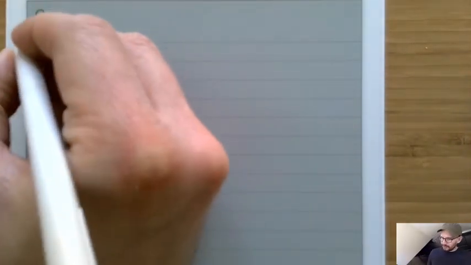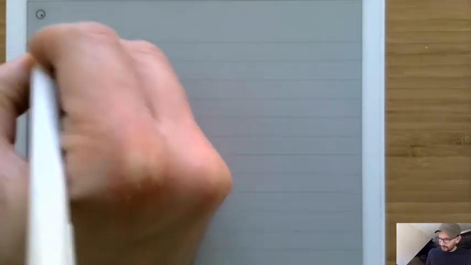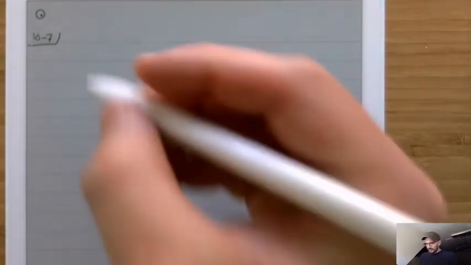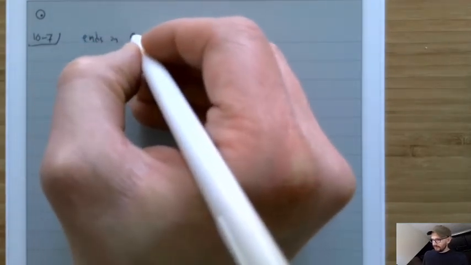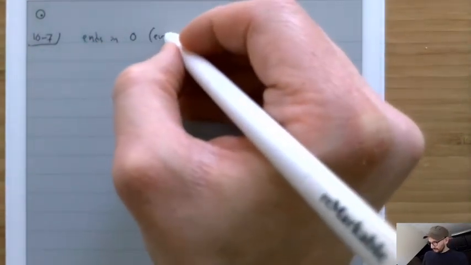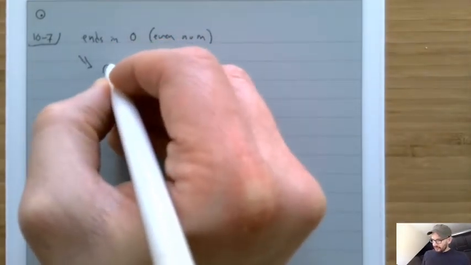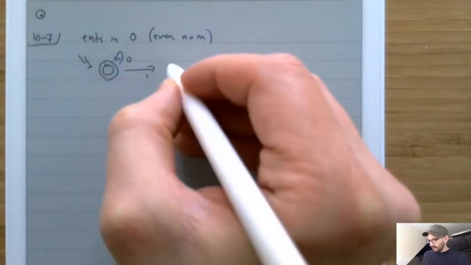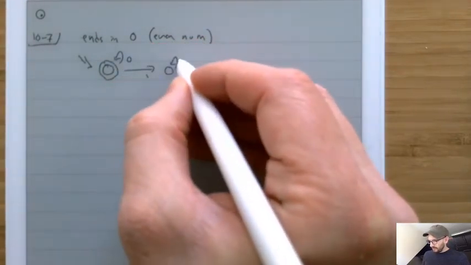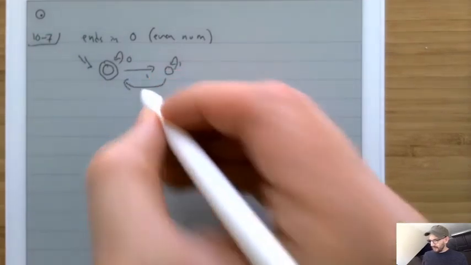So let's look at some examples. Let's look at the ends in 0, i.e. even number. So that machine looked like this. We started in an accepting state, it looped on a 0, it went over here on a 1, looped on a 1, went over there on a 0.